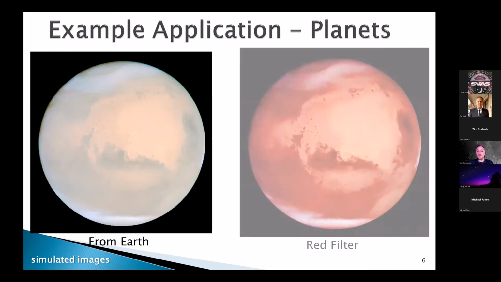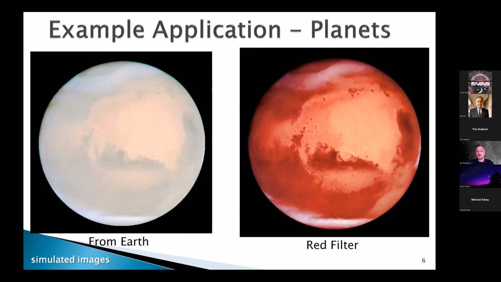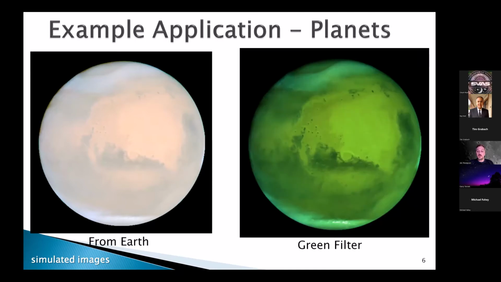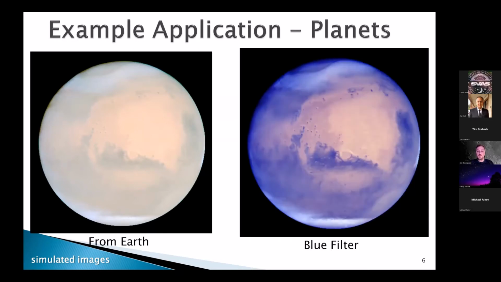For example, adding a red filter will darken greens and blues, increasing contrast. Similarly, a green filter can enhance the visibility of other parts of the planet's surface. The same is true of a blue filter, which can enhance the view of clouds and polar ice caps.